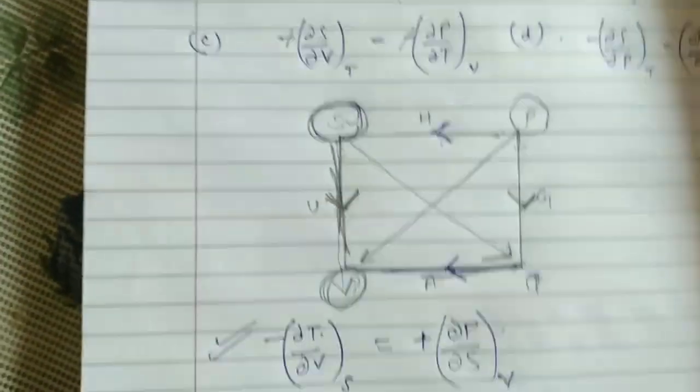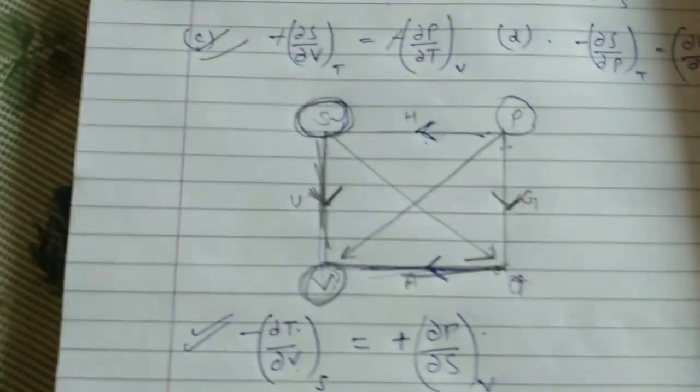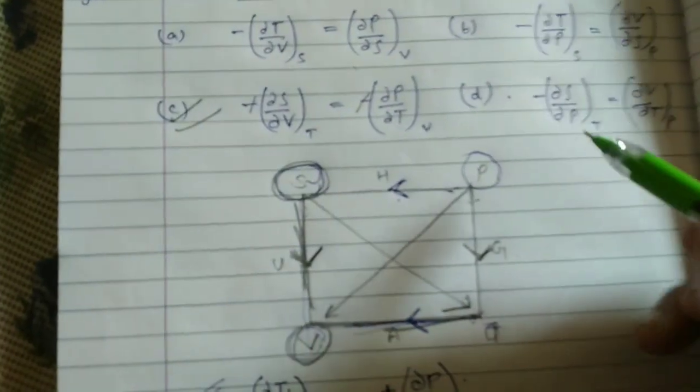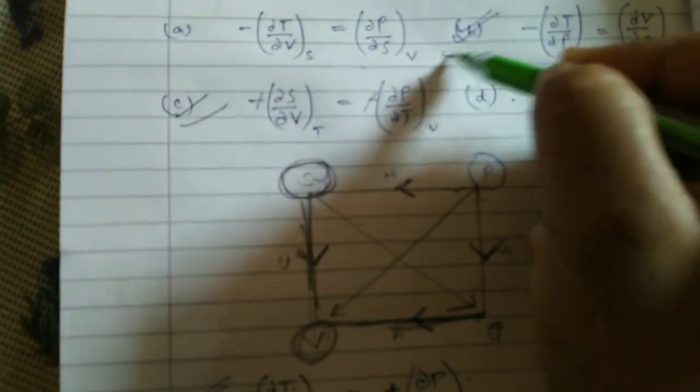So option C is also correct, and we have to find the incorrect option. Similarly, you can do the remaining two options, you can try, and our answer for this question is answer B, which is the incorrect option.